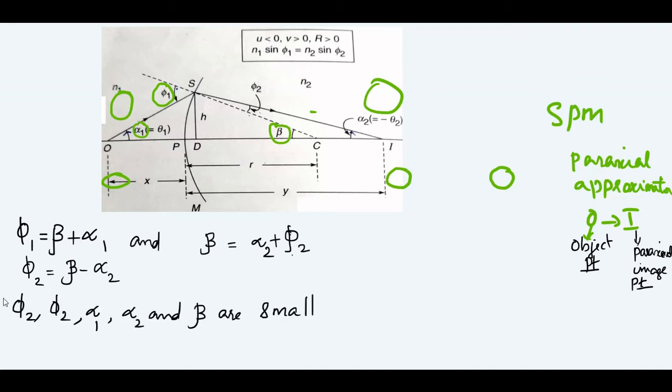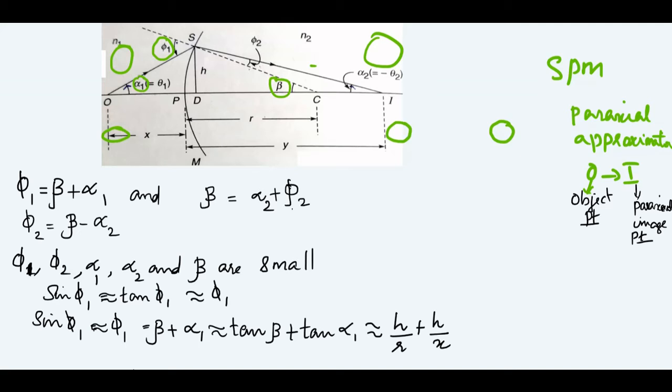Using the paraxial approximation, that is, all angles phi 1, phi 2, alpha 1, alpha 2 and beta are small, we can write sine phi 1 nearly equal to tan phi 1, which is nearly equal to phi 1, where the angles are measured in radians. We can write sine phi 1 nearly equal to phi 1, which is equal to beta plus alpha 1, that is nearly equal to tan beta plus tan alpha 1.